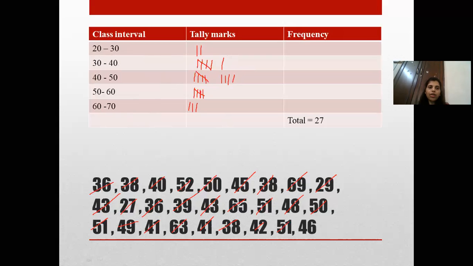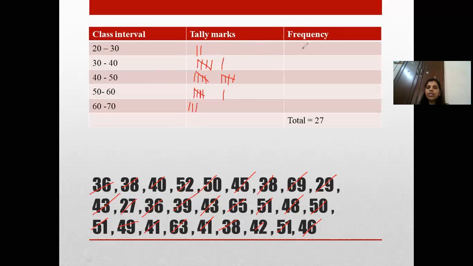Strike off 51, it will be in this particular group, 50 to 60. Strike off 46, it will be between 40 to 50. Now you can see over here 4 lines are done. We will strike it. Now we have to write the frequency by using the tally marks.